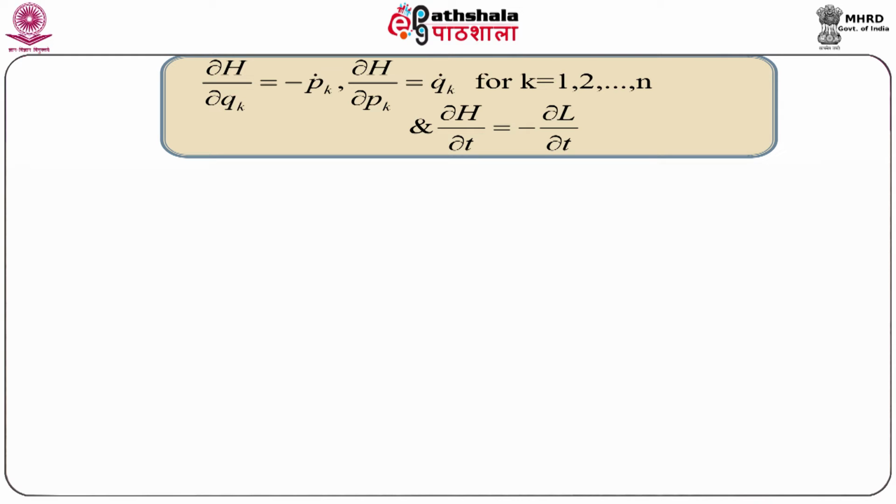Thus, we have qk dot equal to del capital H del pk, pk dot equal to minus del H del qk for k equal to 1, 2 up to n. These equations are called Hamilton's equations of motion of a dynamical system.